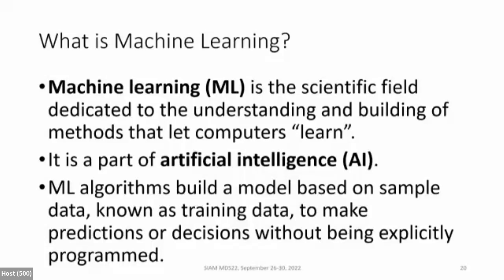Machine learning is the scientific field dedicated to understanding and building methods that let computers learn. It's part of artificial intelligence. And the algorithms are run to train models on samples of data, or training data, in order to make predictions or decisions that otherwise could not be guessed.